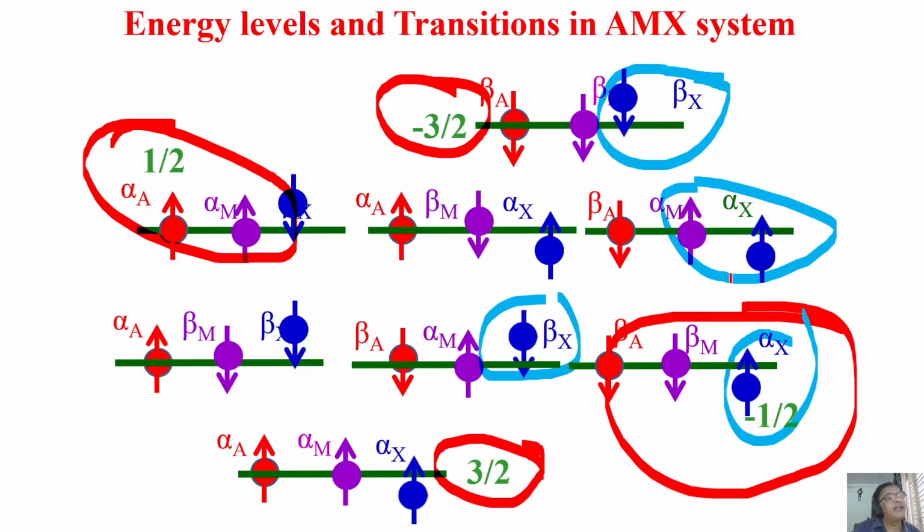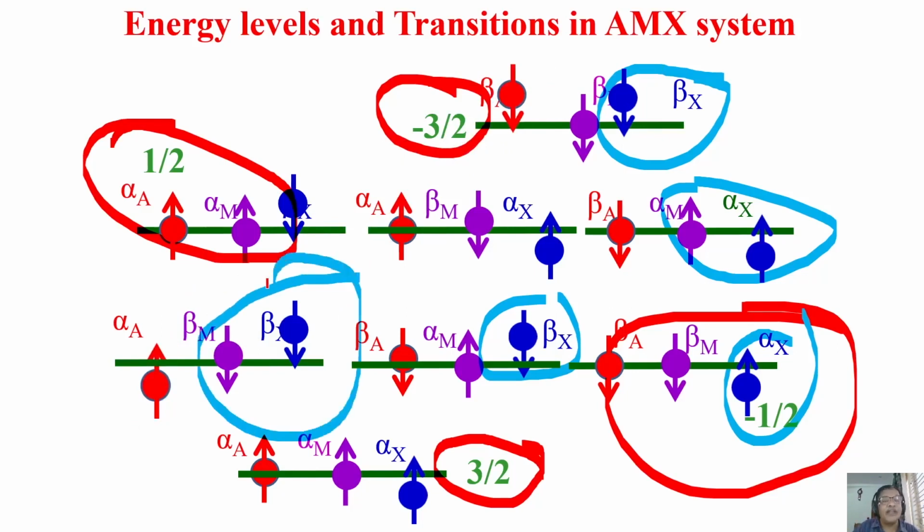What is the energy separation between them? You can work it out the way we did for the 2-spin system. Okay. Now let us see what this is. Here A is undergoing a transition from beta to alpha, alpha to beta. What about these two? They remain the same, they are not getting disturbed. What about this? That is allowed.